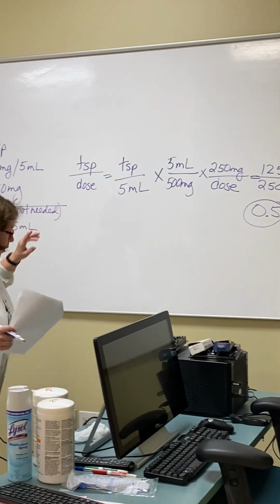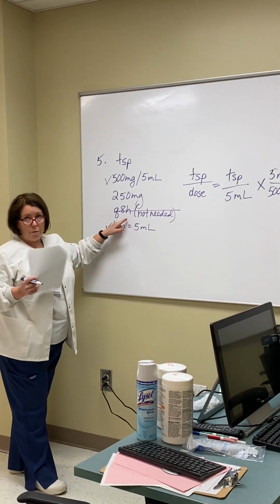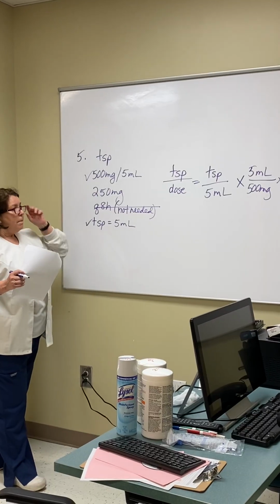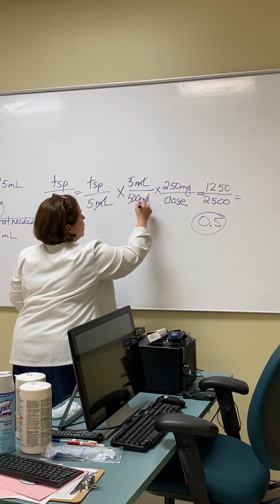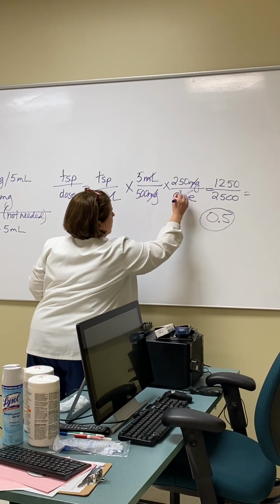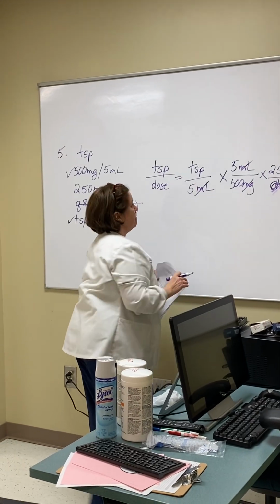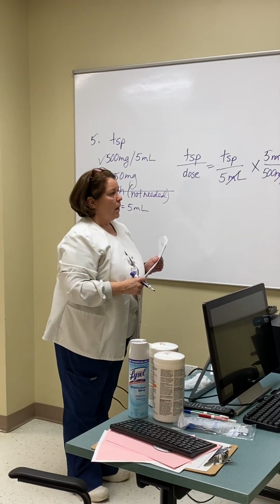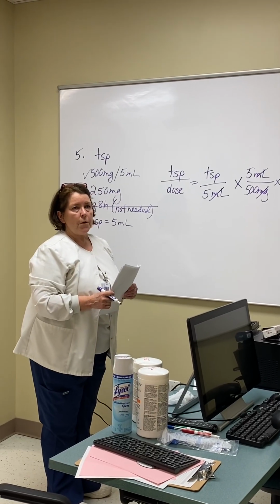So in this particular problem, you do not need the Q8H or 3 or anything in there. This can be a tricky problem. mL, mL, milligram, milligram, dose. All right, so we're good to go. Hopefully, that one was a little bit trickier, but still sets up nicely if you know your conversion.